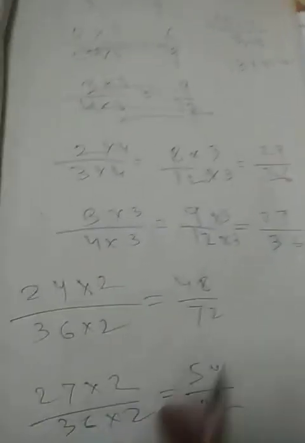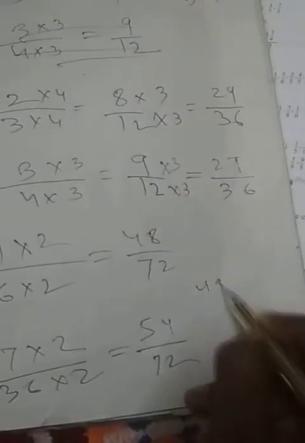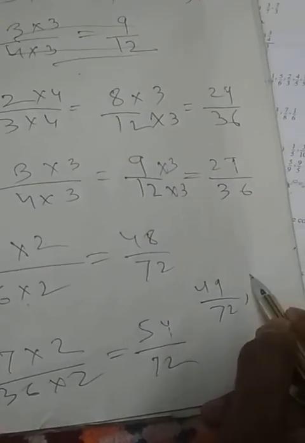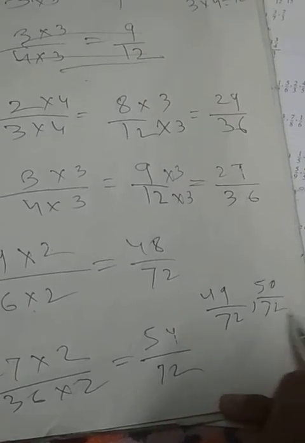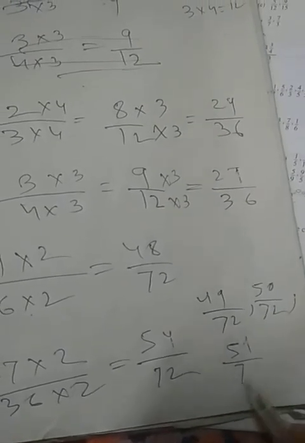Now between 48 and 54 there are 3 fractions. You can write here 49 by 72, 50 by 72, 51 by 72. In this way you can find out the fractions between the numbers.